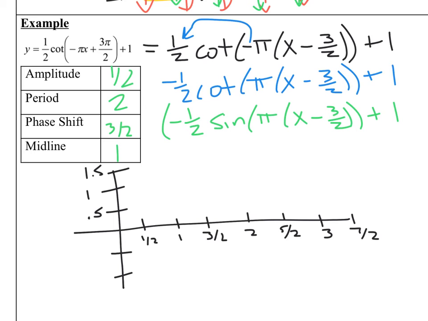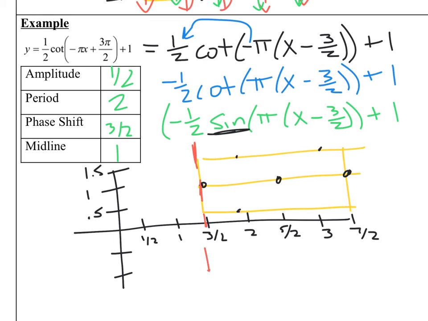And we need to go right 3 over 2, up 1, up amplitude, down amplitude, run for your period of 2. We're doing sine. What I really need are these 3 points, but if it makes you feel happy to do your negative sign, there you go.